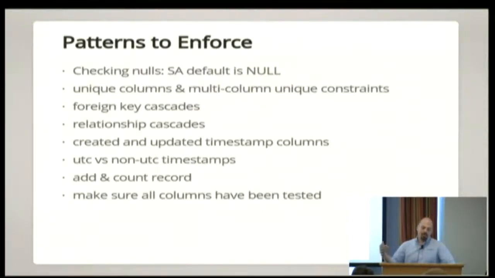Our entity base also automatically adds and counts a record just to make sure it's valid, that you can actually do the insert and select from the database. This isn't actually implemented yet, but I have plans to make sure that for every column in the entity, you have a column check object and haven't forgotten to add one, because I've been forgetting to add them lately. So I want to get an error when I forget to add a column check.